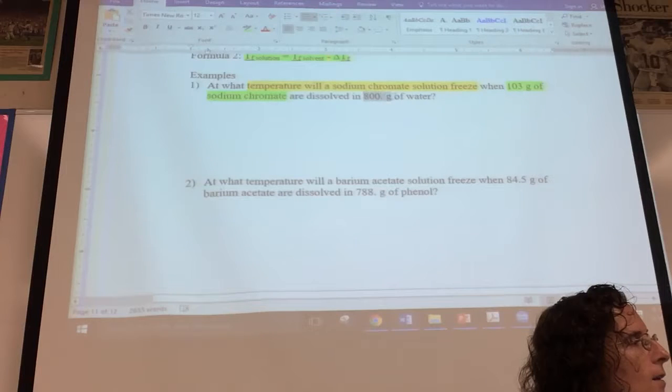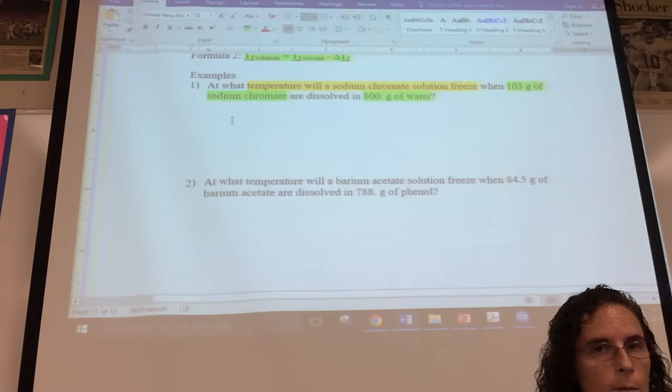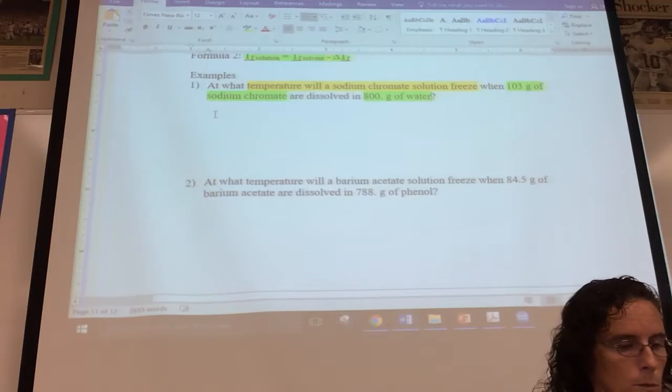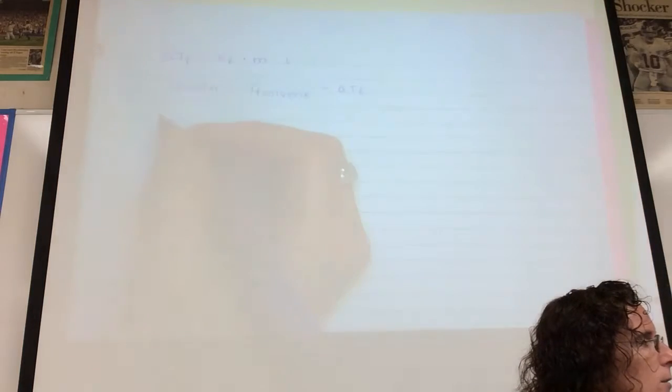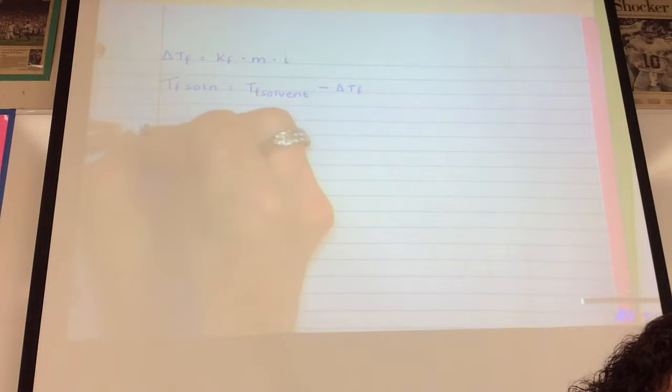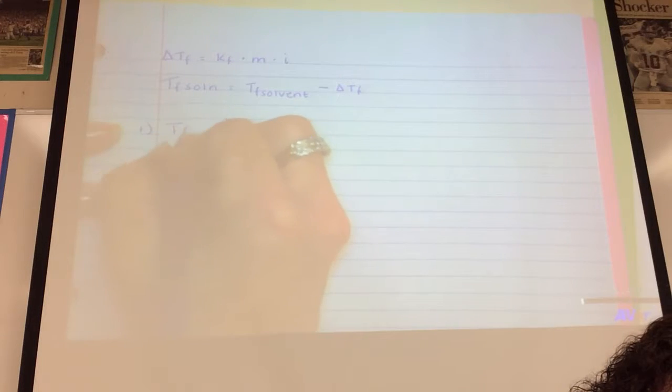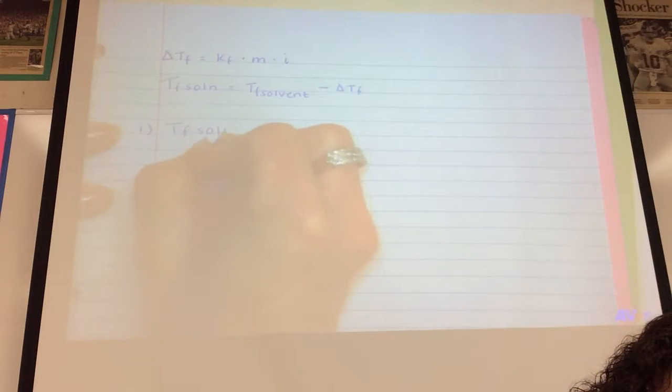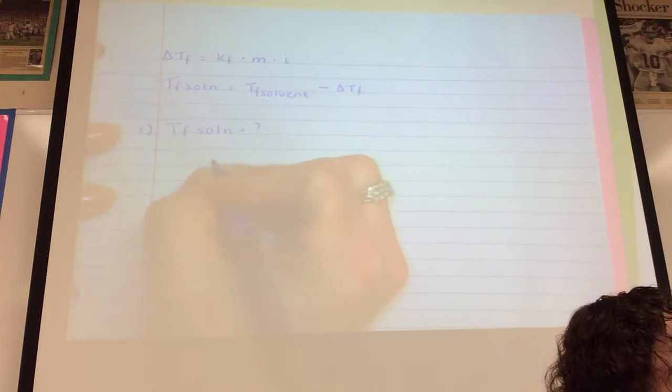And we're going to dissolve it in 800 grams of water, my solvent. Let's get the information down and we'll work through the problem. So on number 1, we want to know the freezing point of the solution.